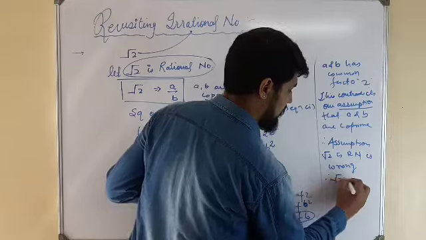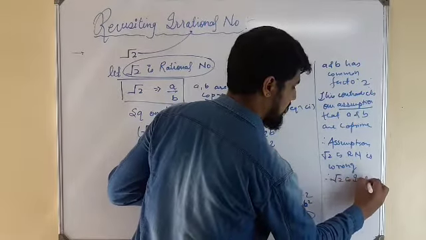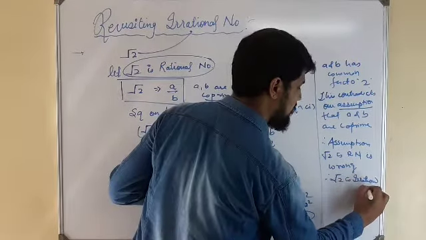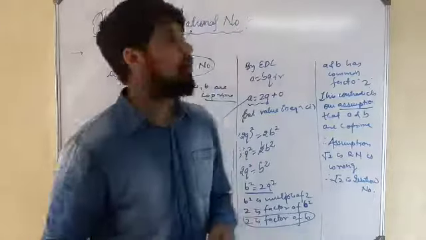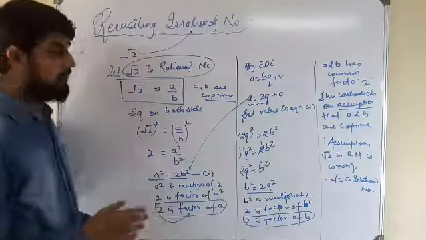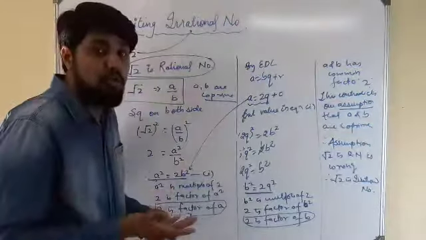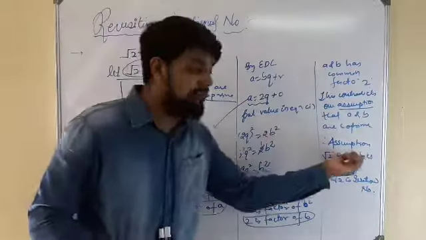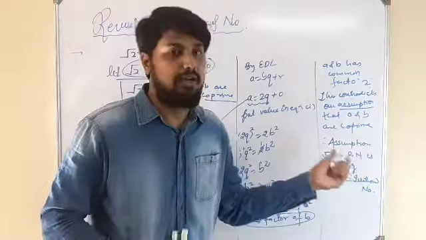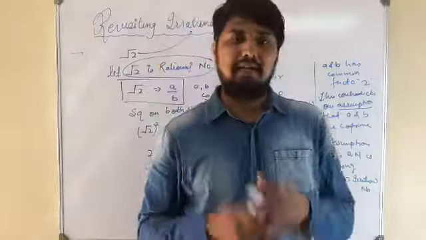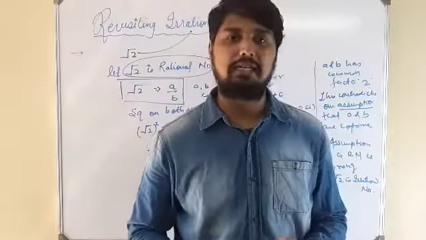Therefore, root 2 is an irrational number. We have proved that our assumption is wrong. If root 2 is not a rational number, then ultimately it becomes an irrational number.